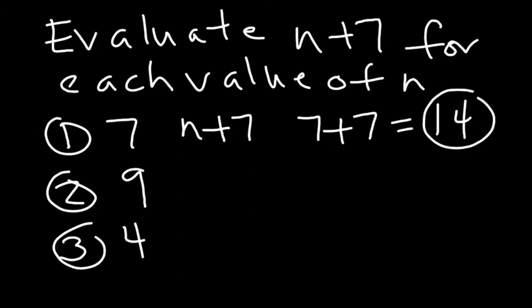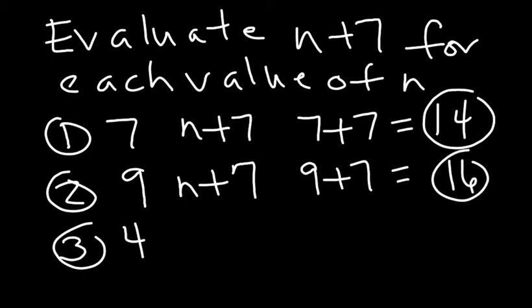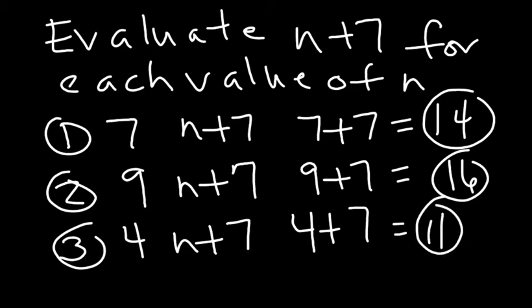Number 2, n plus 7 for 9. 9 goes in for n. 9 plus 7 is 16. And then for number 3, n plus 7. 4 goes in for n. 4 plus 7, 11. That is evaluating, or sending in the substitute, doing the math and getting an answer.